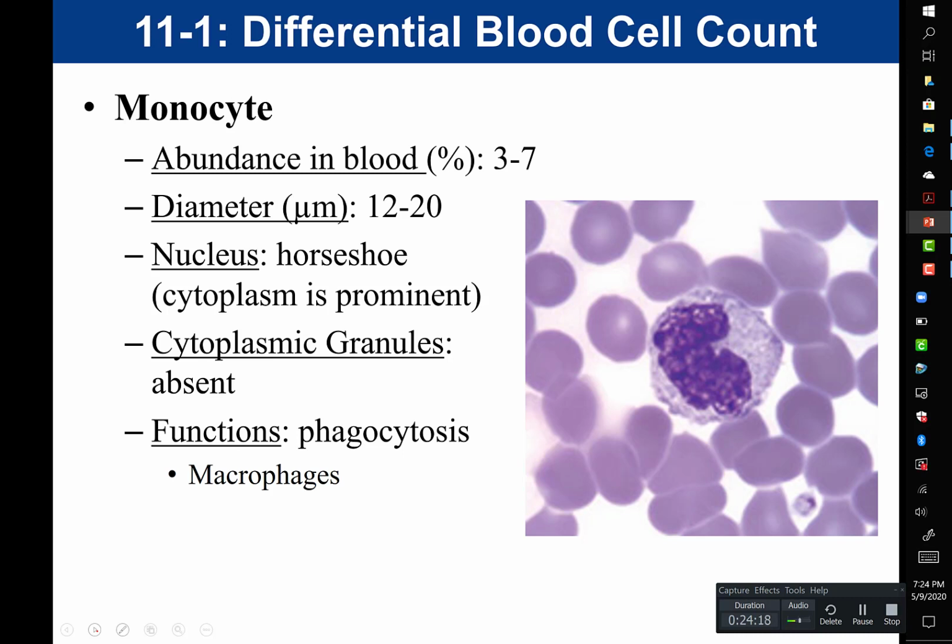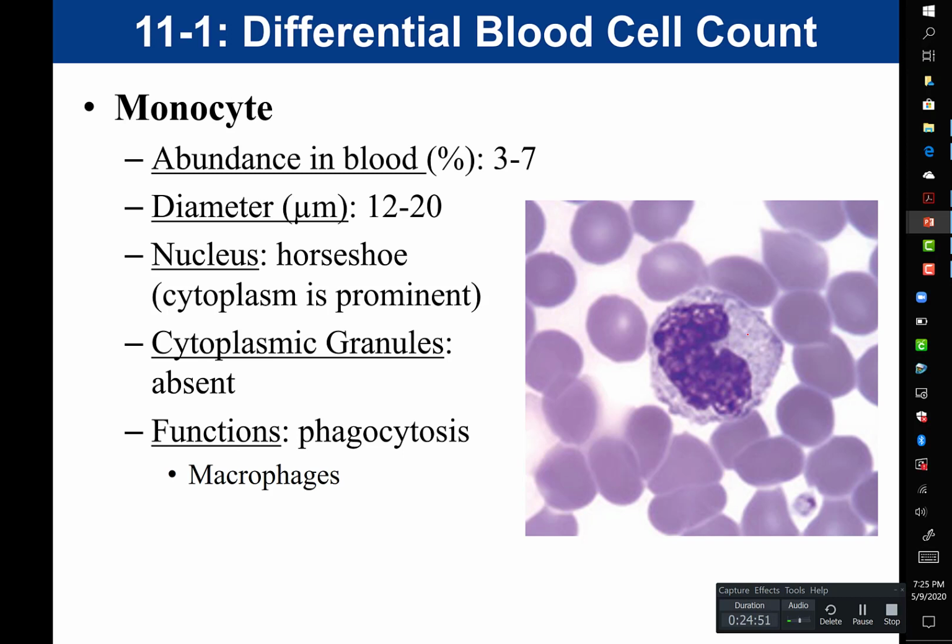The nucleus has this kind of horseshoe or kidney bean shape. You can still see the cytoplasm, so cytoplasm is still prominent. In terms of cytoplasmic granules, they are absent, right? They don't have those cytoplasmic granules because, again, they're not a granulocyte. Their function is phagocytosis.